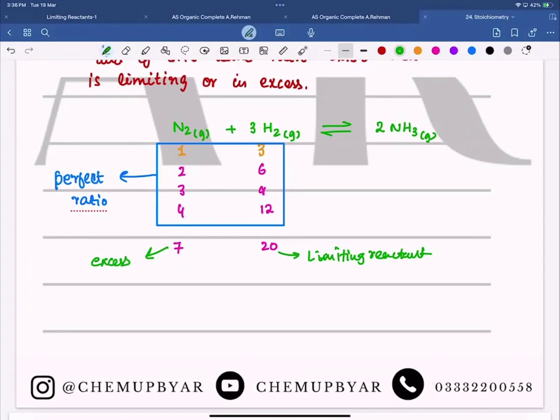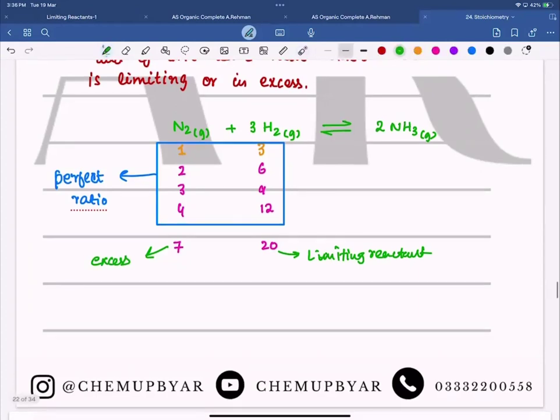Now, for example, if I take 30 moles of this and, sorry, not 7, 9 moles of this. So are they in the perfect ratio? Which one is lower than the perfect ratio? No, because as you see, the ratio is 3:1.